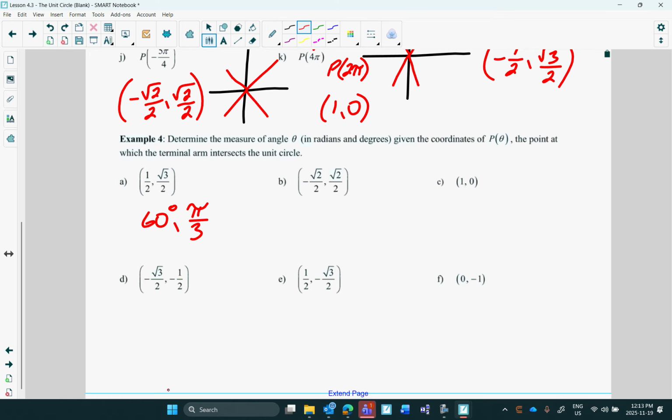Negative root 2 over 2, root 2 over 2. That's the 45-degree family, or the pi over 4s. What quadrant? 2. So 135. And how many pi's over 4? 3 pi over 4.